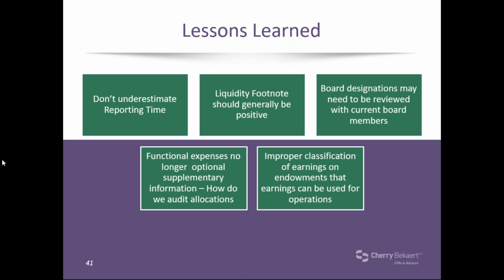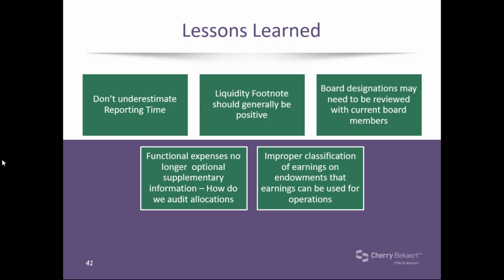One of the other things we've seen in some of the early adopters is several situations where you had endowments whose earnings were to be used for unrestricted or operating purposes, and in some cases those net assets had been presented historically in unrestricted, not in temporarily restricted as they should have been.